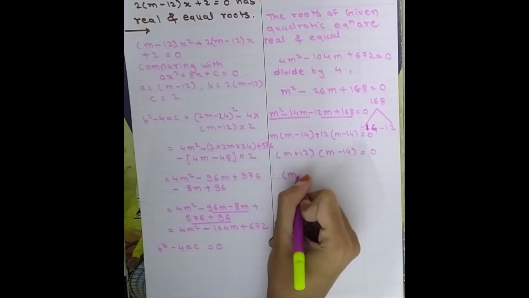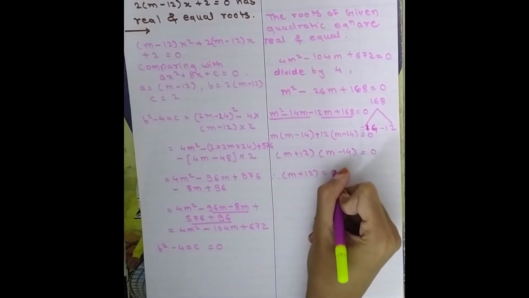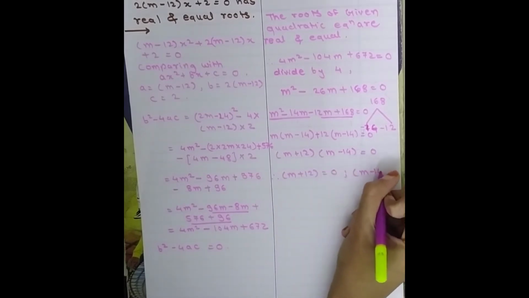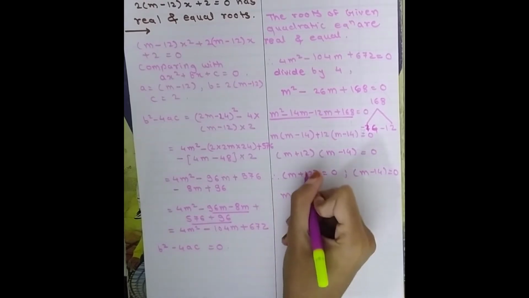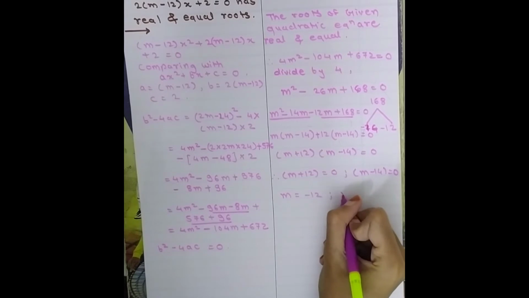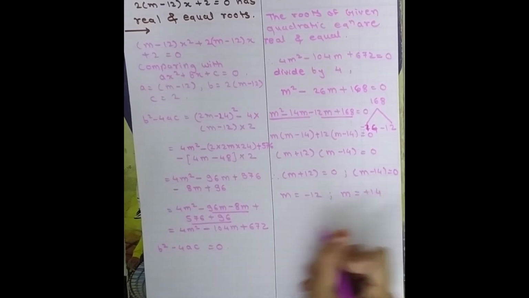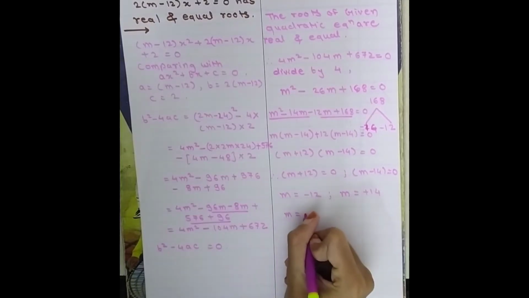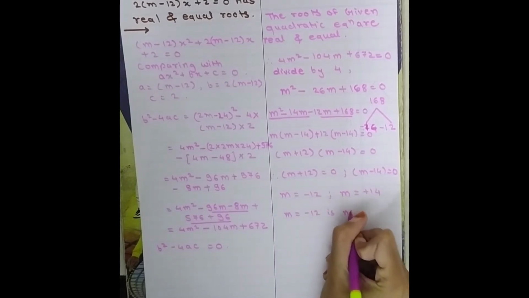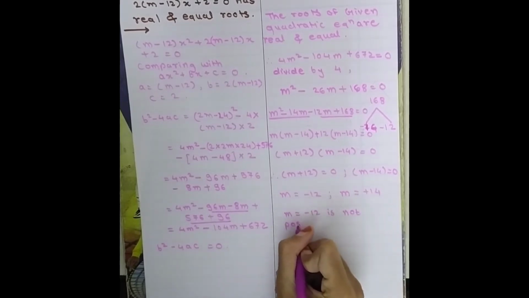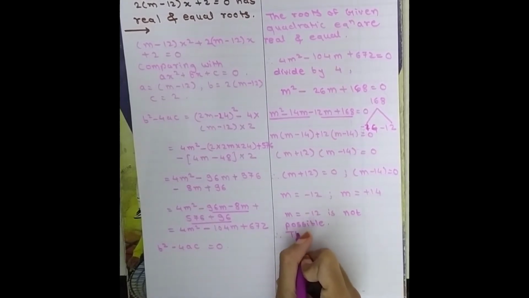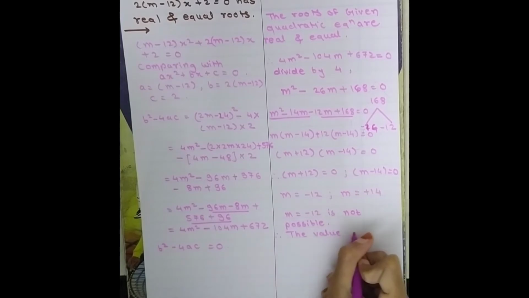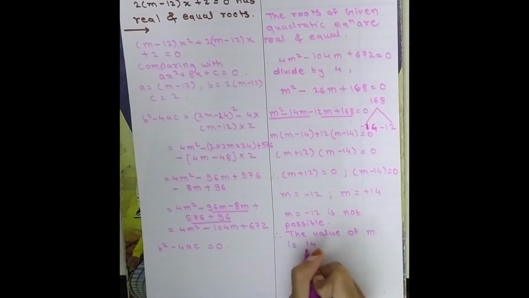Therefore m minus 12 is equal to 0 and m minus 14 is equal to 0. So m is equal to 12 and m is equal to 14. Here m is equal to 12 is not possible. Therefore, the value of m is 14.